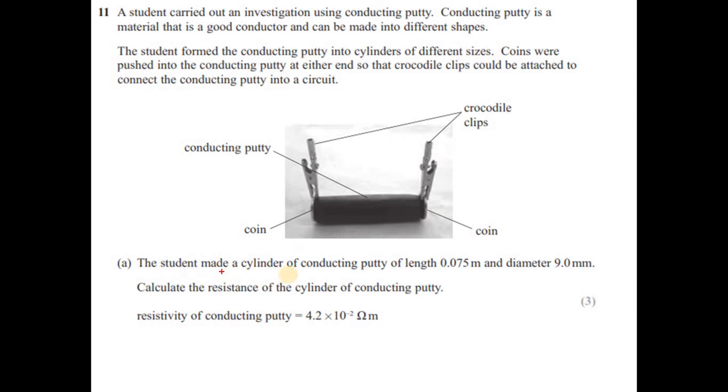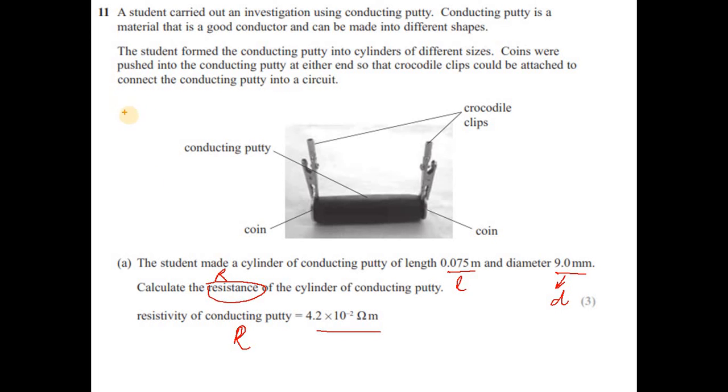Fine, the students made a cylinder of conducting putty of length 0.05 meter and the diameter of 9 millimeter. Calculate the resistance of the cylinder of conducting putty. Resistivity of the conducting putty is this. So we are given resistivity, we have length, and we have diameter, and we need to find the resistance. Clearly a straightforward question.